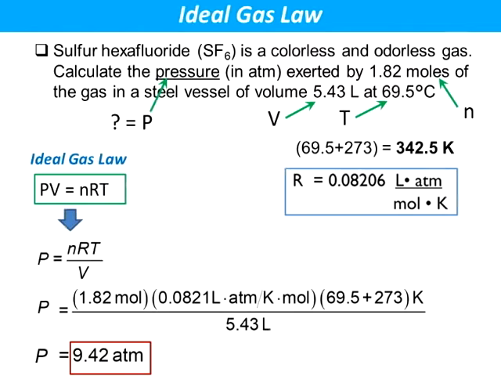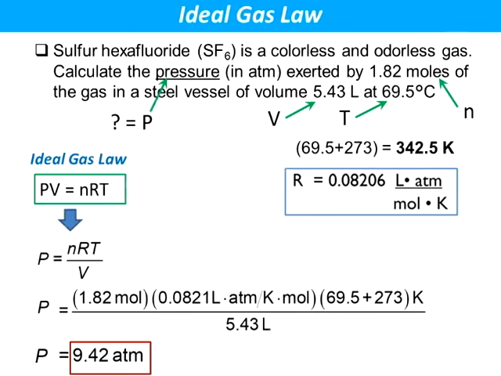And what we observe is that we have variables involving P, V, T, and n. We right away recognize that this is an ideal gas law equation because we have PV equals nRT. Note that R is a constant, a universal gas constant.